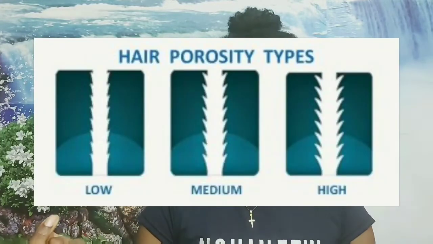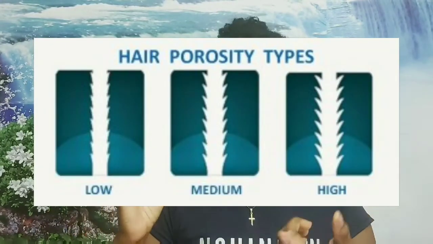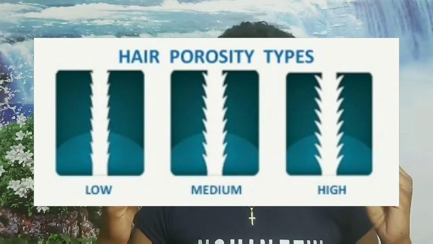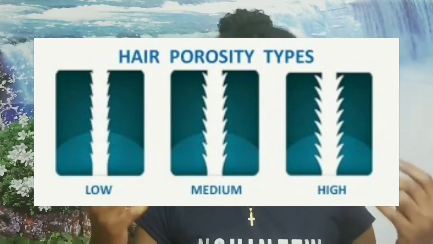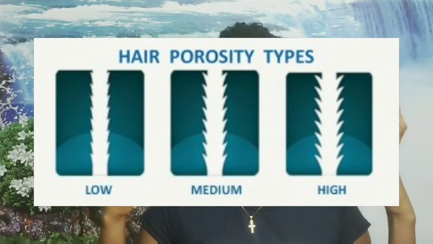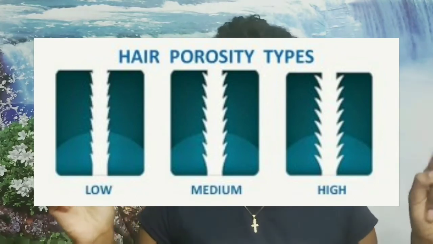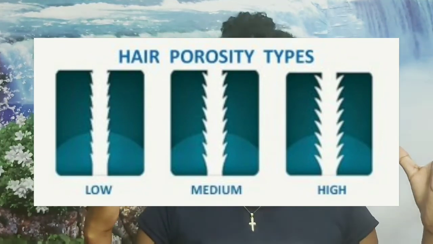For hair with low porosity, there is resistance to moisture penetration or release of moisture because of how tight your cuticles are. What does this mean? This means that if you have hair with low porosity, it is difficult for moisture to enter into your hair and it's difficult for it to leave. But it is not difficult to retain moisture. Think of it like this.